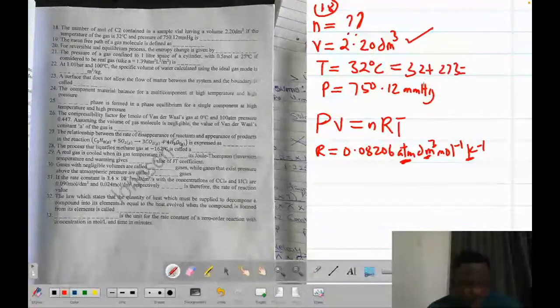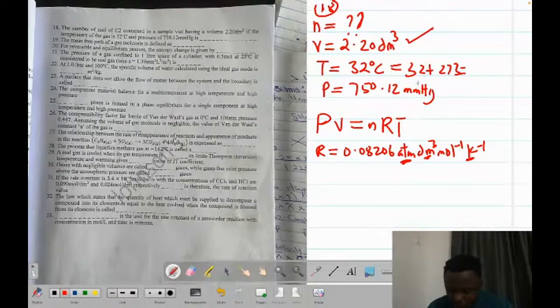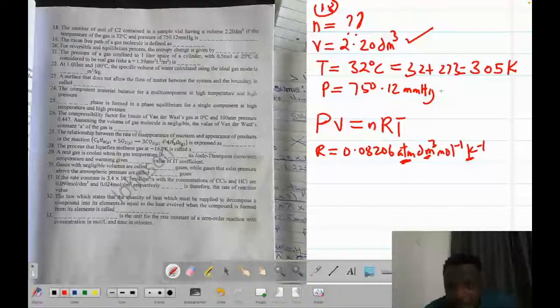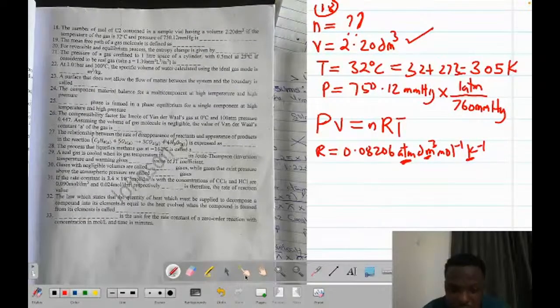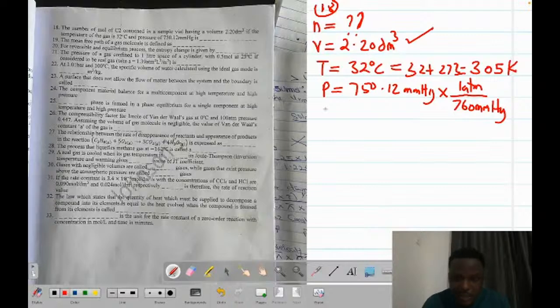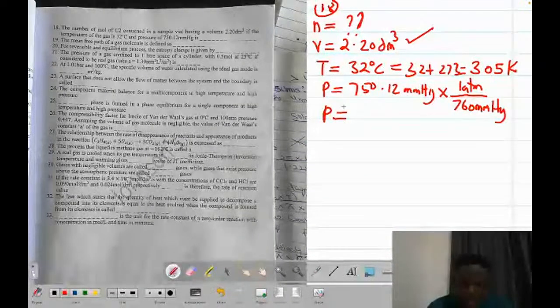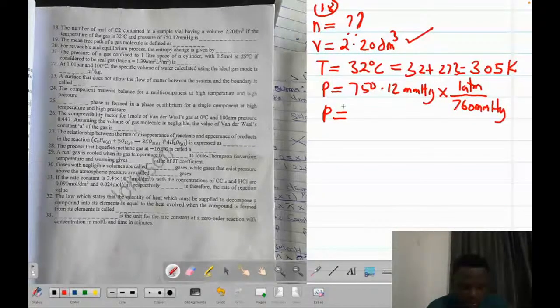Temperature is in Kelvin, so 32 plus 273. 1 ATM is always 760 millimeters of mercury, so if you divide 750 by 760, you get the equivalent in ATM. This becomes 0.987 ATM.